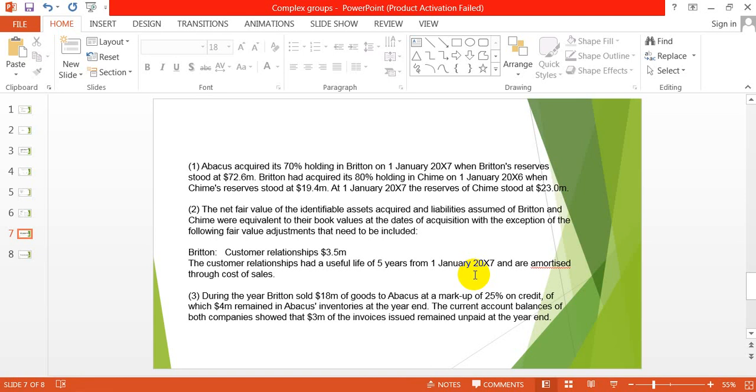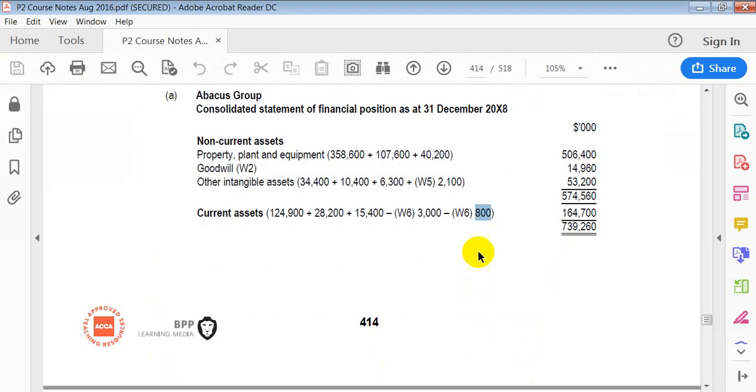So the 3 million is eliminated from the receivables to also be eliminated from the payables, because one is owing the other and one owes the other. To give us the total current assets of 164,700. We add the two totals of the current assets and the non-current assets to give us a total of 260,000.